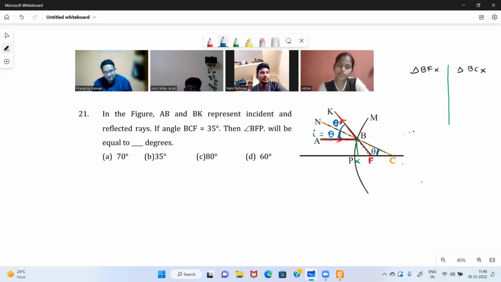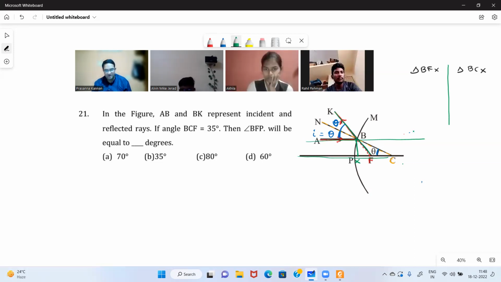Then look at this now. These two are parallel lines, correct? Cut by a transversal. So what is this total angle? Not only this angle, which I am drawing with green color, theta plus theta, 35 plus 35, that is 2 theta, correct?